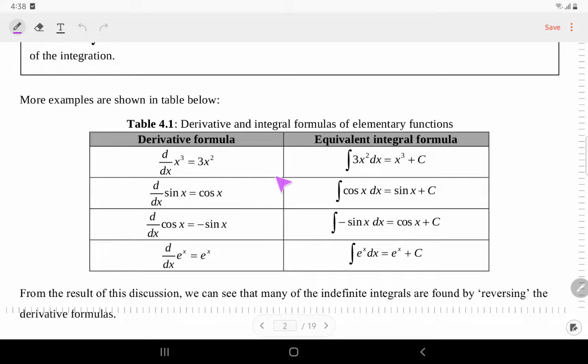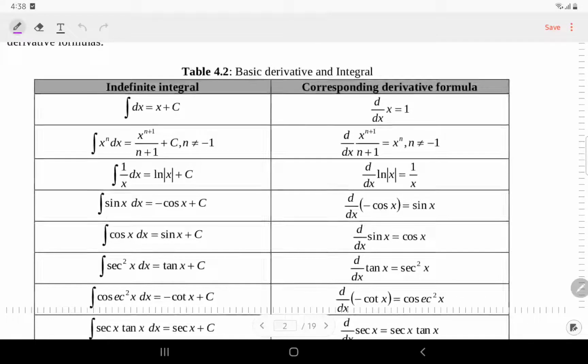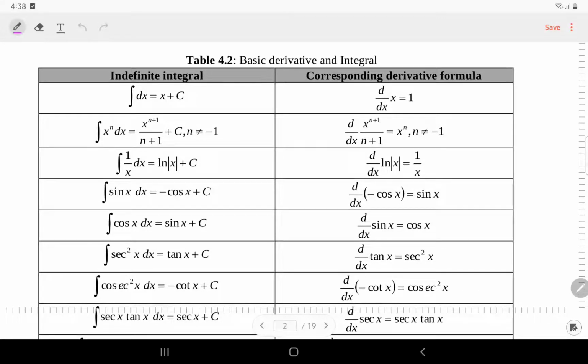So these examples show that the integration is the reverse process of differentiation. Another example, when you differentiate sine x, you will get cos x. So if you integrate cos x, you will get sine x plus c. Dia adalah proses yang terbalik. So this is the basic integration. Kita tengok yang integration yang ni sebelah sini. Differentiation tak perlulah sebab kita dah belajar benda ni dalam chapter 2.